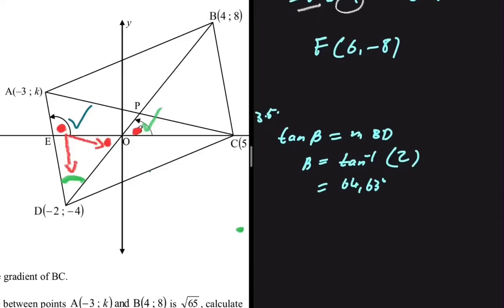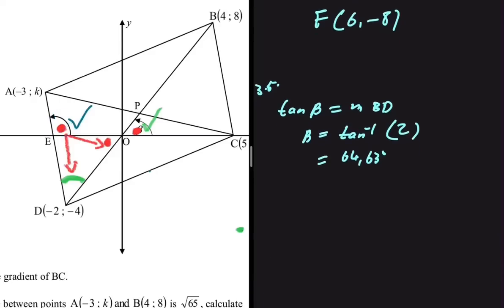Let's find this exterior angle of our triangle. We're going to use the gradient of AD. So we're going to say that that angle, what is it? Is it alpha? Yeah, we're going to say that alpha is equal to tan inverse of y2 minus y1 divided by x2 minus, what am I doing?